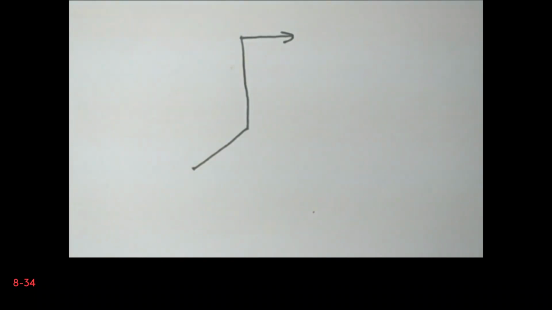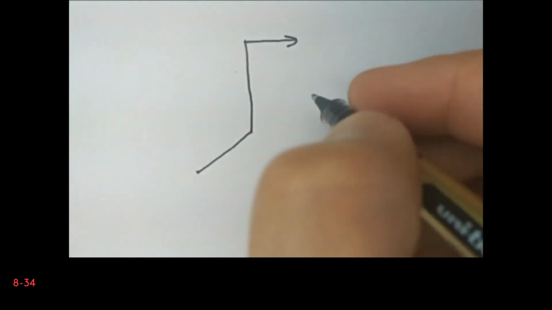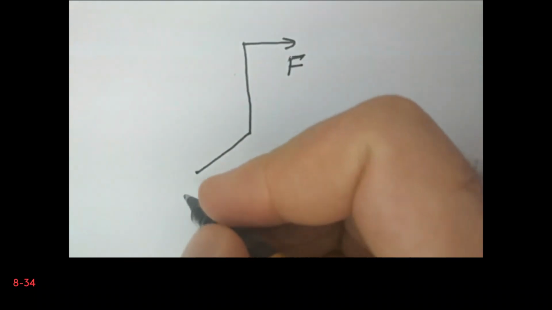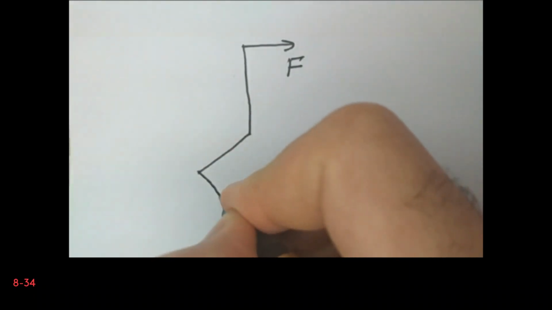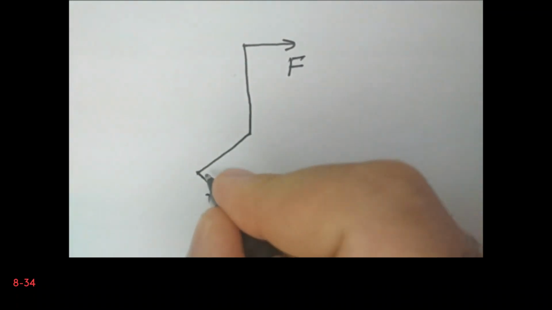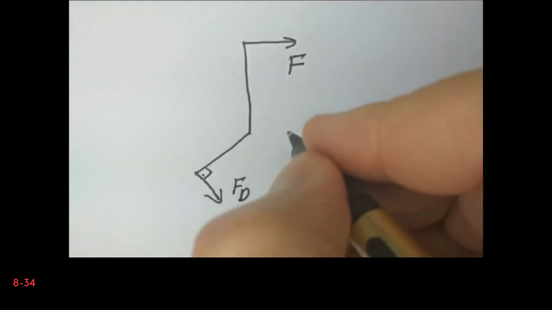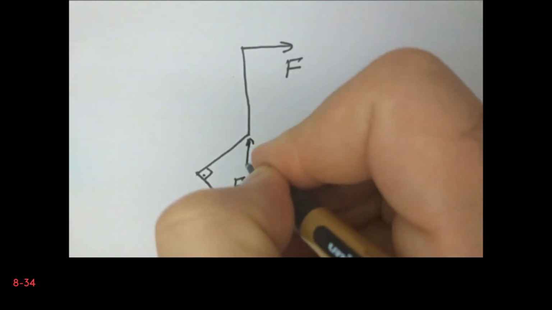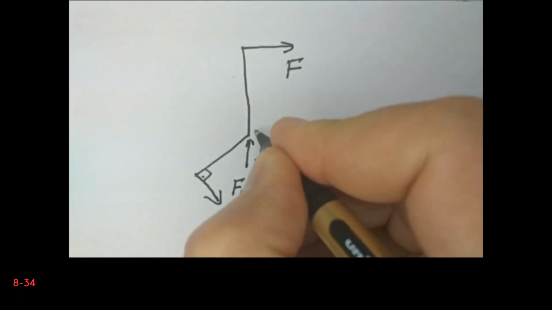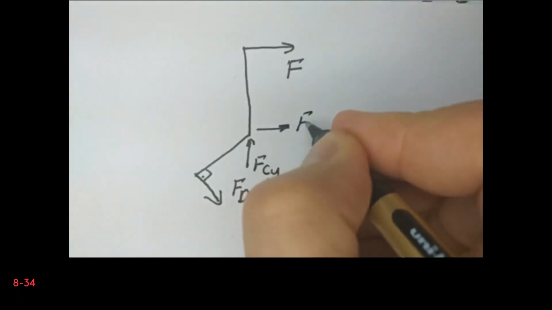So let's say that this is F, and then we have another force here. So let's say it is perpendicular because it's applied by the cable. It is Ft, and certainly we have two forces at point C. This is Fcy, and let's say that this is Fcx. If we choose the coordinate system x and y.